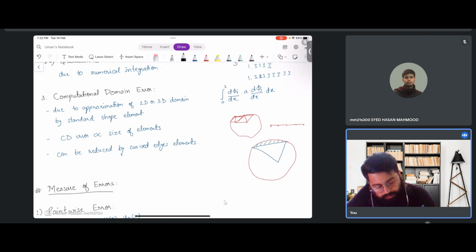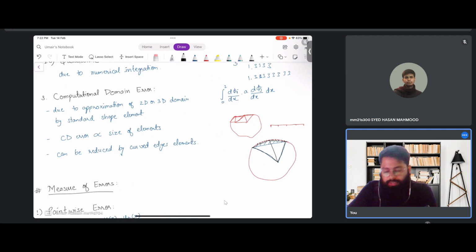But if I want to cover it with two elements, you see our error is reduced to this. So by increasing the number of elements, we can reduce this kind of error.